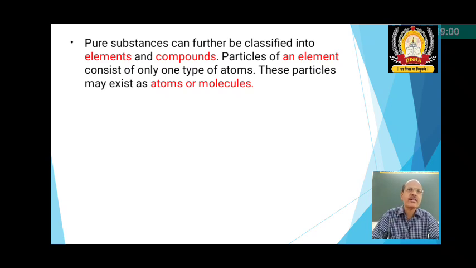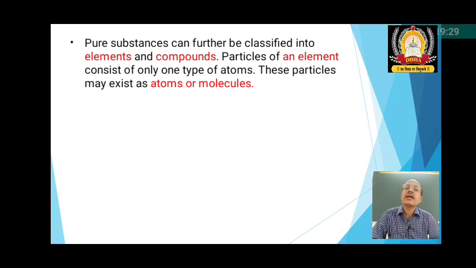Now concentrate. Particles of an element consist of only one type of atoms. These particles may exist in the form of atoms or in the form of molecules. One example, I will quote here.